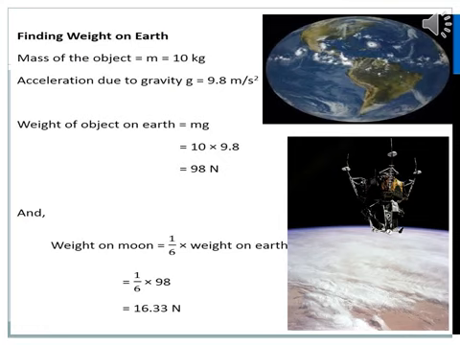Can you say what should be its weight on the surface of the moon? It will be equal to 1 by 6 into weight on the earth, which is 1 by 6 into 98 Newton, that will be equal to 16.33 Newton.